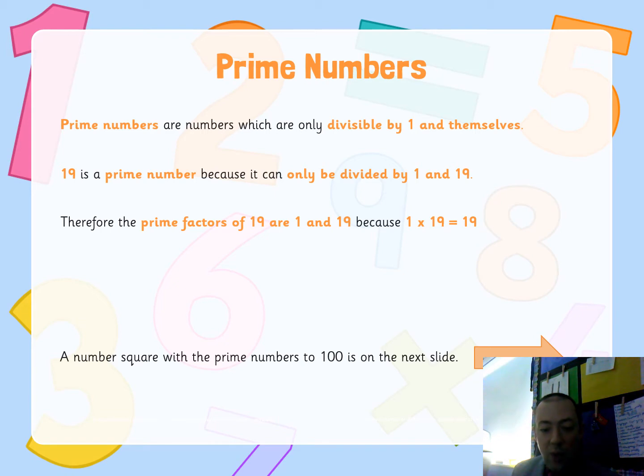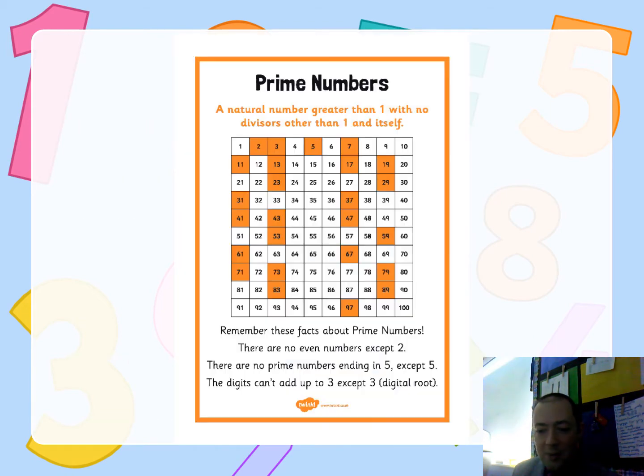A number square with the prime numbers to 100 is on the next page. And there they are. Now, I have put these at the top of the description to this lesson, so you always have them on the lesson screen. I've put your questions a little bit below that, and I've done it in a slightly different way, so you don't have a worksheet today.